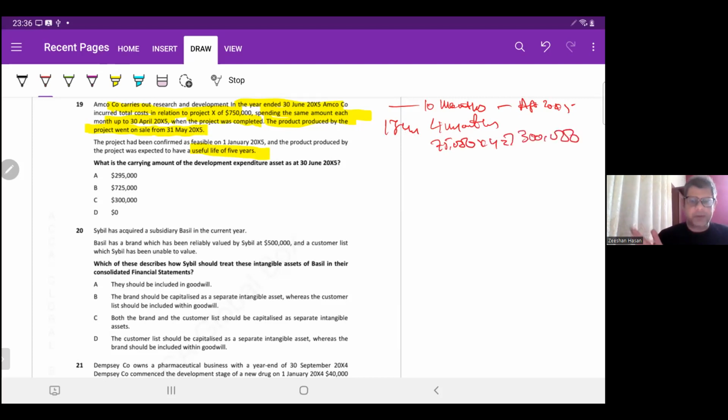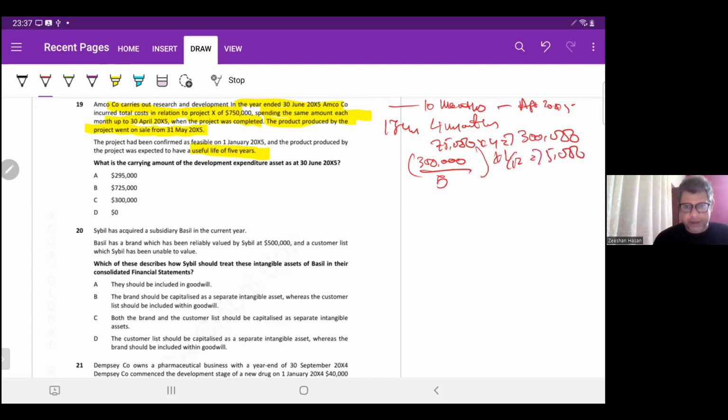The asset should be amortized from when the products go on sale. So 1 month amortization should be charged to 30th June X5. Amortization is 300,000 divided by 5 into 1 divided by 12, which is 5,000.